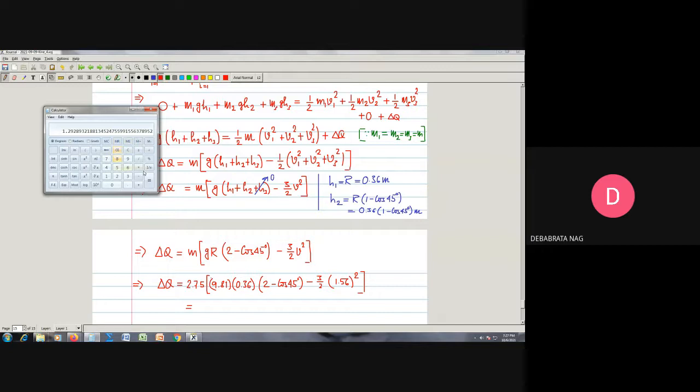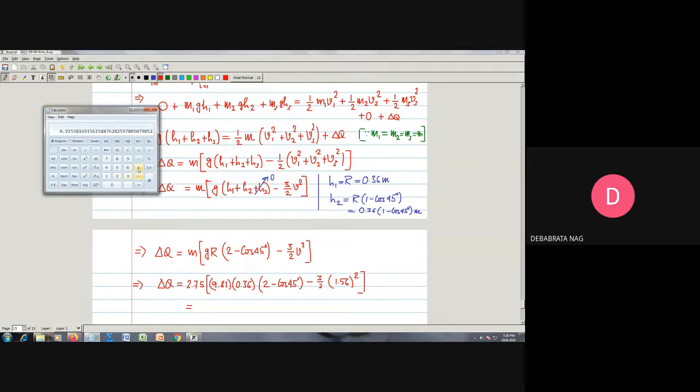Then multiply it by 9.81, then multiply it by 0.36. The result turns out to be this much, minus 1.5 into 1.56 into 1.56.